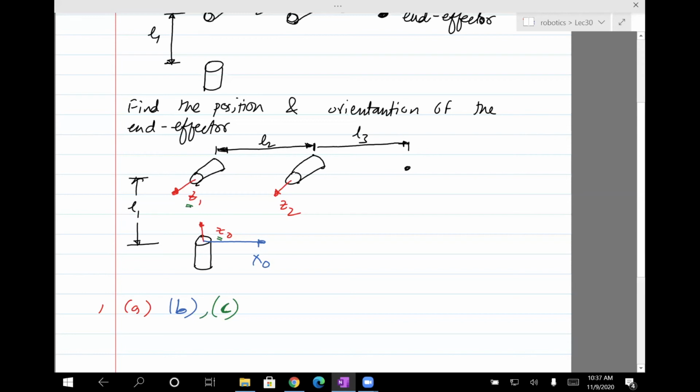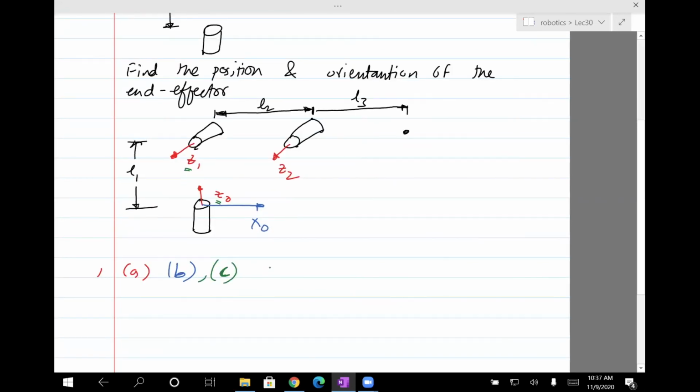Z0 and Z1 are at right angles to each other, or they are perpendicular. Then we can see that it corresponds to case number 3, where Zi minus 1 and Zi intersect. So for Z0 and Z1, it's going to be case 3. This is what I put here.